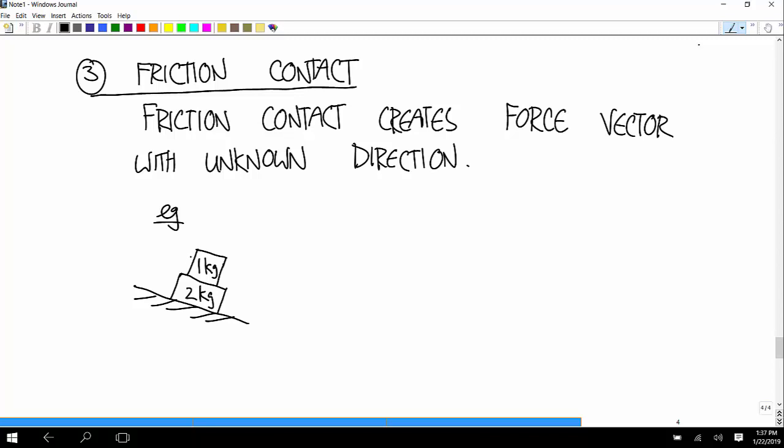And let's say that there's a horizontal force of 5 newtons this way, and a force of 10 newtons this way that's parallel to the surface. Assume there's no acceleration.